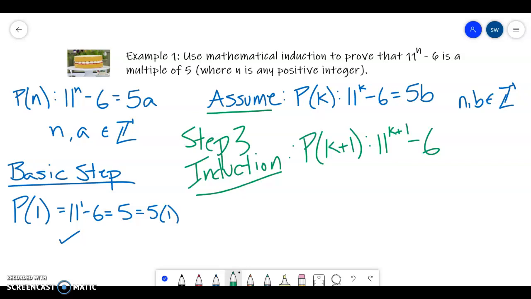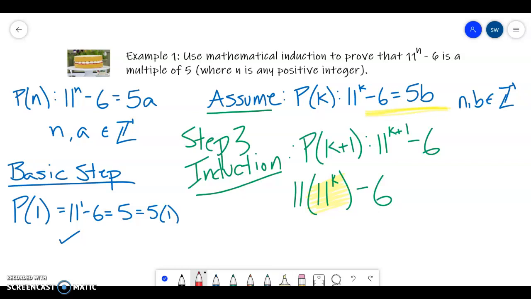We are always going to use our assumption in this step. So let's see what we can do. We can change 11^(k+1) into 11 times 11^k, so we know that's true. Now here's where we use the previous step. We know 11^k can be substituted using the statement above.